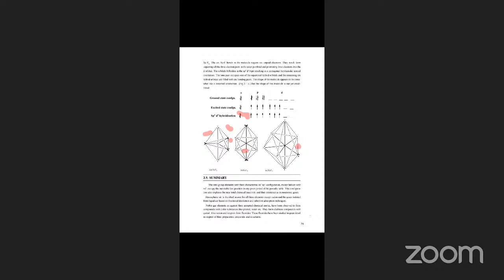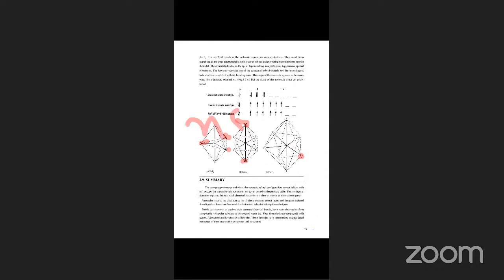Atomic numbers are 2, 10, 18, 36, 54, 86. The general electronic configuration is ns2 np6.